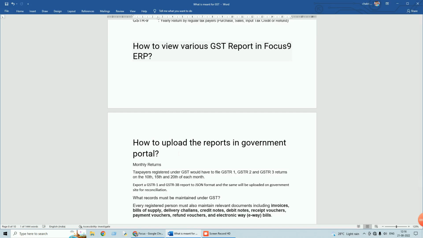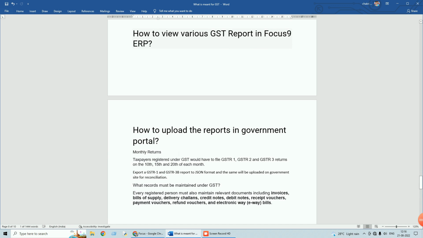There will be monthly returns. Taxpayers registered under GST would have to file GSTR1, GSTR2 and GSTR3 returns on the 10th, 15th and 20th of each month. If they missed on the 10th, they should file on the 15th. If they missed on the 15th, compulsorily they have to file on the 20th. If they miss filing the returns, then there will be penalty charges per day, which will be charged by the government.